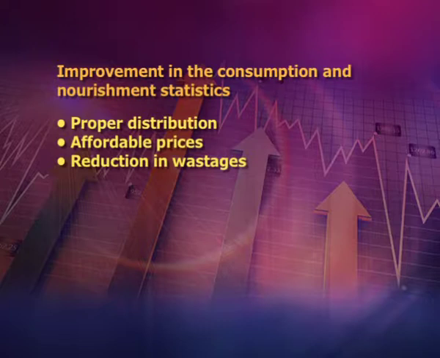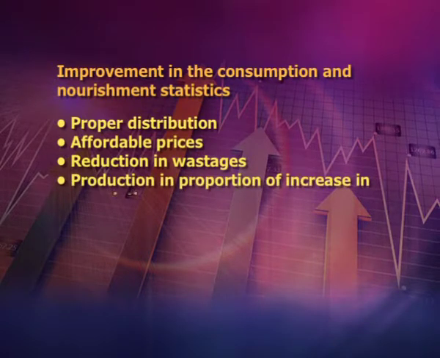Dear friends, we waste a lot of food grains in the distribution system as well as in the cooking systems. Production in proportion of increase in population must also be verified. And then we must ponder upon the ways in which these can be attained.